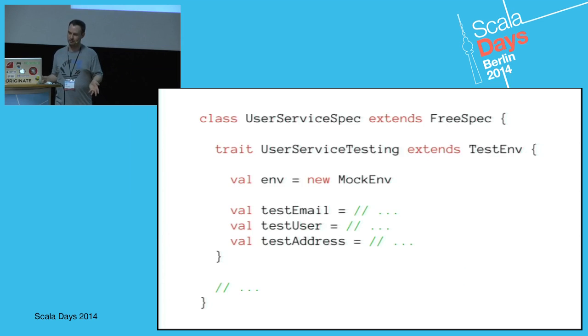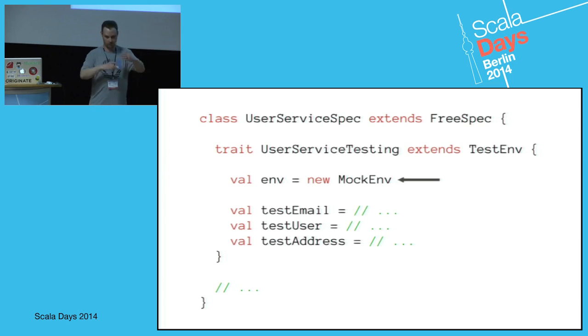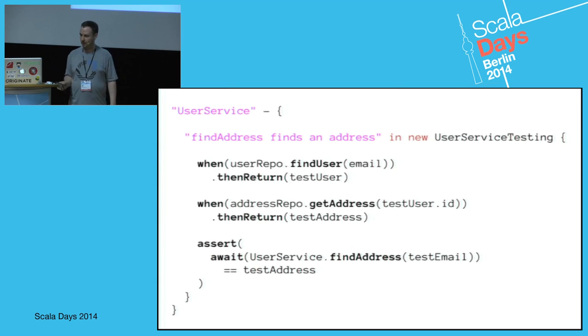And so in my test, what it looks like is I make a scope trait for my test that mixes in the test environment, and then within that I instantiate a new mock environment for each test. And I define some test objects to play with, and then what the test looks like is I mix in that scope trait and then set up my mocks and then just use await to get the actual result and make assertions with it.